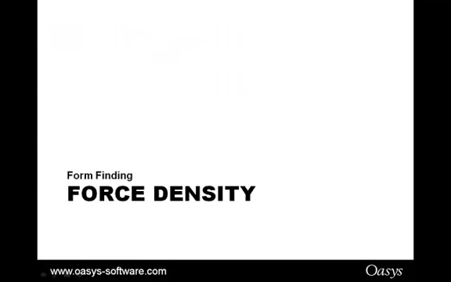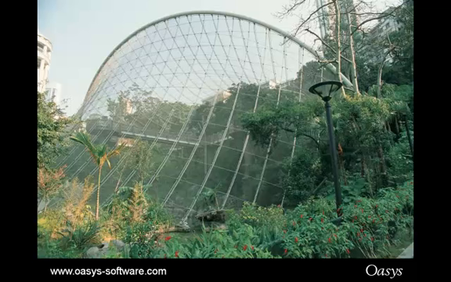Right. The other form finding method you often find in a number of places is called the force density method. Now, with the force densities, force density is the typical method you use for cable nets. You can also use it for fabrics as well.